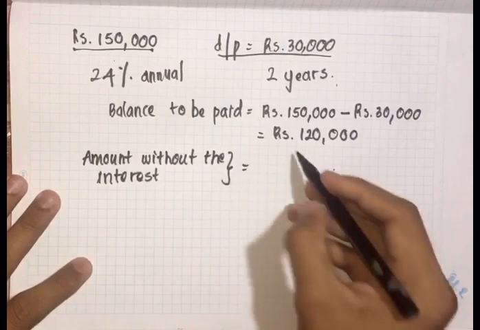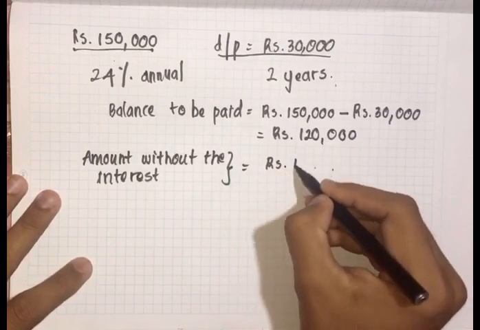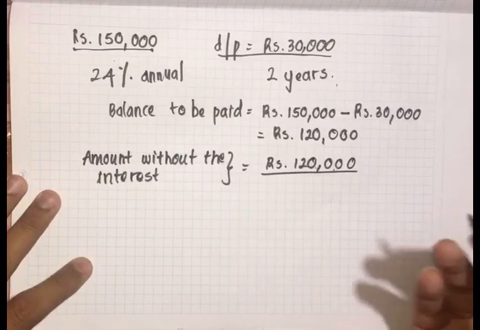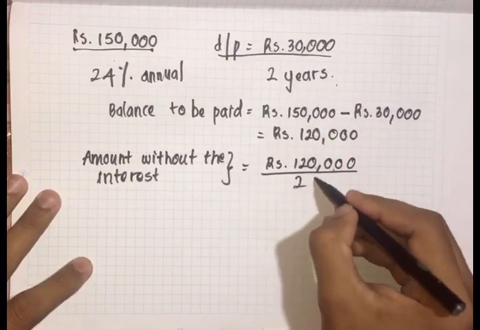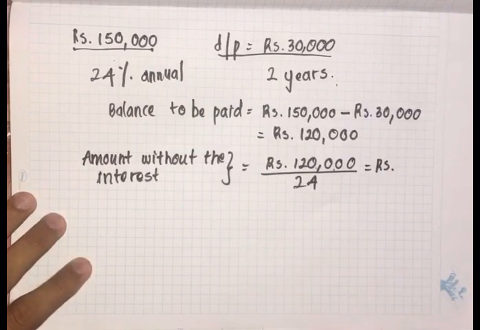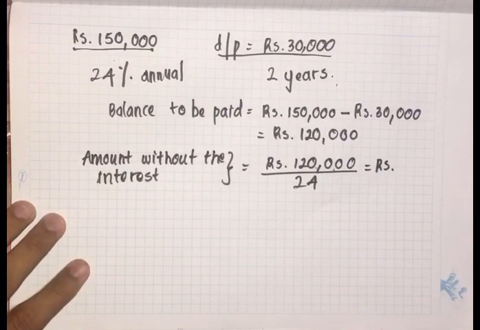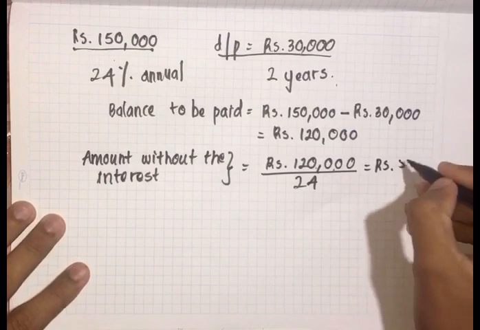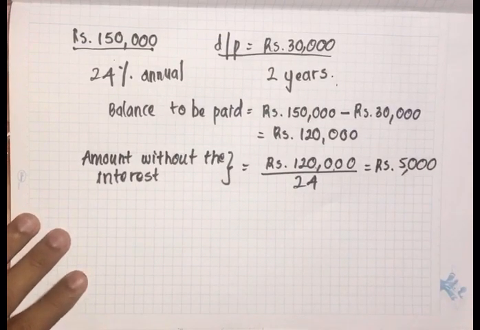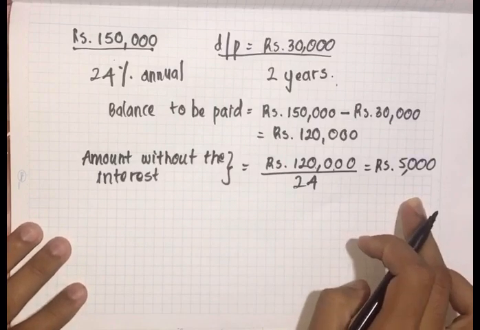You have a total balance of 120,000, and 2 years means you have 24 months. That gives 5,000. So for a month without the interest, you are going to pay 5,000.